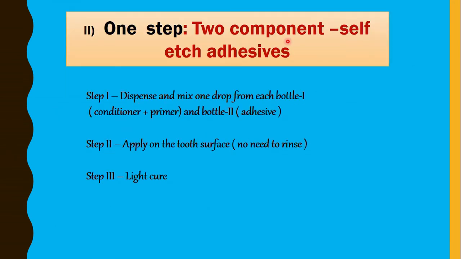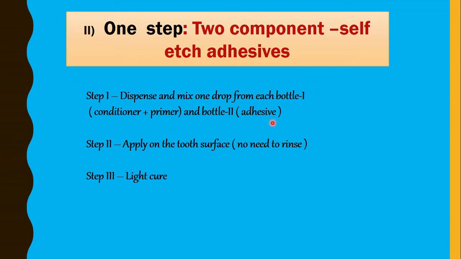Coming on to one step, two component self-etch adhesive. Here we dispense and mix one drop from each bottle. The first bottle comprises the conditioner and primer, and another bottle comprises the adhesive.